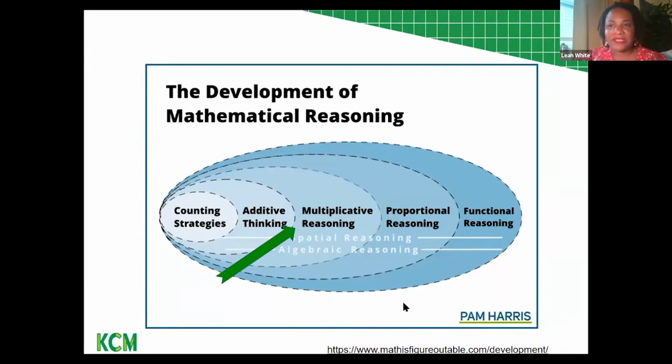But what Pam Harris emphasizes is this idea that students solve problems using bigger chunks with more than one group at a time. So it's some of those same strategies that we're used to doing with addition, except we're making it bigger, we're using bigger chunks, and we're looking at more groups with our reasoning. So those are some things to keep in mind.